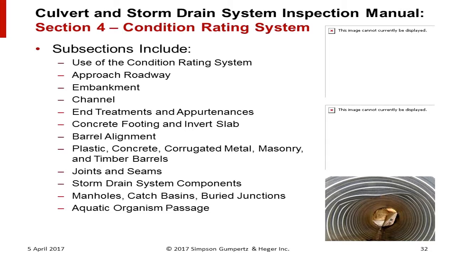And by barrel, I mean the actual structure itself. Joints and seams are included. A little bit about storm drain system components. Most of these are proprietary, so there's not a lot of the individual components outlined in this section. But there is some mention of aquatic organism passage as well, and I'll talk about that towards the end.